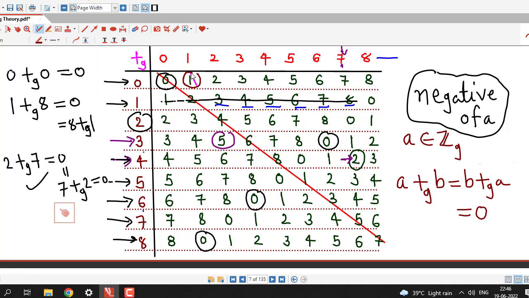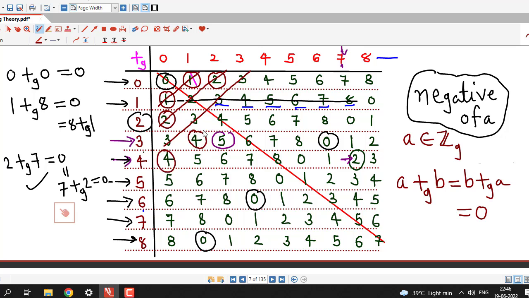Here if I check, I have 1 and 1, so these entries are symmetric with respect to this diagonal. Similarly, we can see 2 is here, then 2 is here. So if we draw the line perpendicular to this diagonal, we obtain 2 here. Similarly, we can draw the line perpendicular to the diagonal. We have 3 and 3 here.